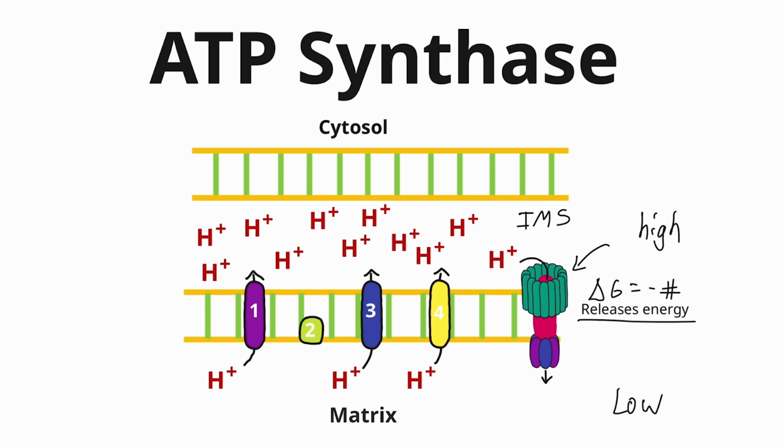Anytime energy is released, we can use that release of energy to power something that requires an input of energy. And the creation of ATP from ADP and inorganic phosphate requires an input of energy. So ATP synthase uses that energy to make ATP out of ADP and inorganic phosphate. And then that ATP goes on to be used by the cell for a ton of different processes.